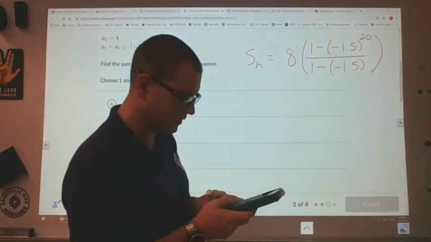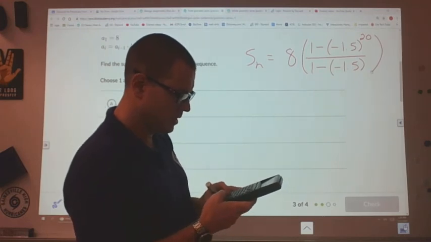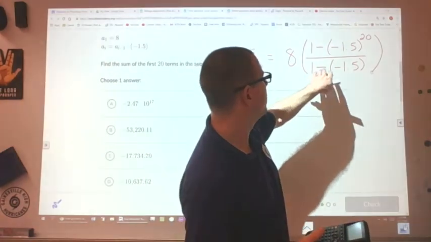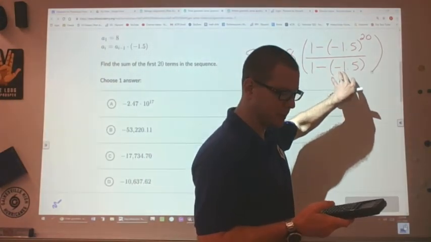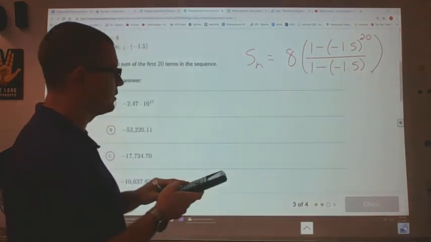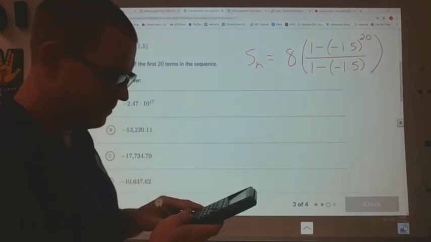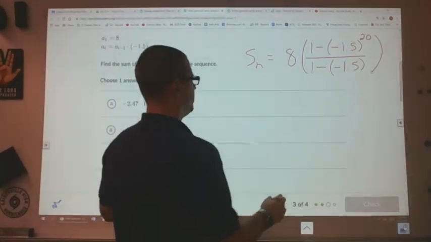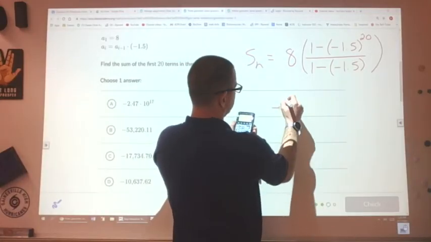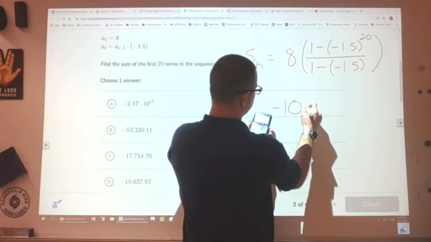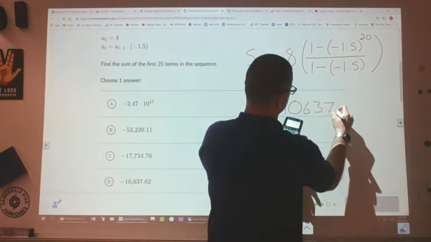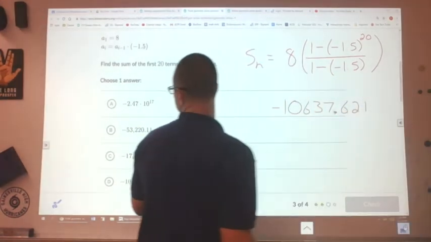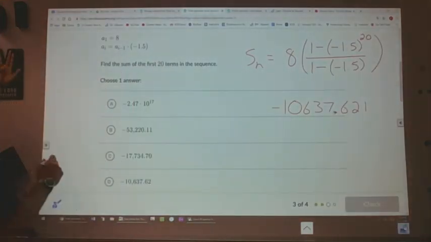Don't forget your parentheses. 1 minus that answer. I know 1 minus negative 1.5 is going to be 2.5, so I'm just going to divide that by 2.5 and then multiply by 8. And we get negative 10,637.621, etc. And if we look at these, that's D.